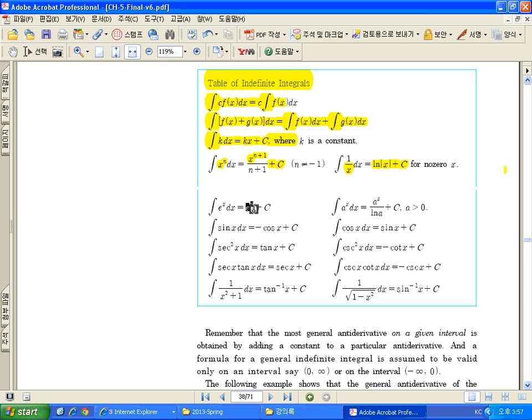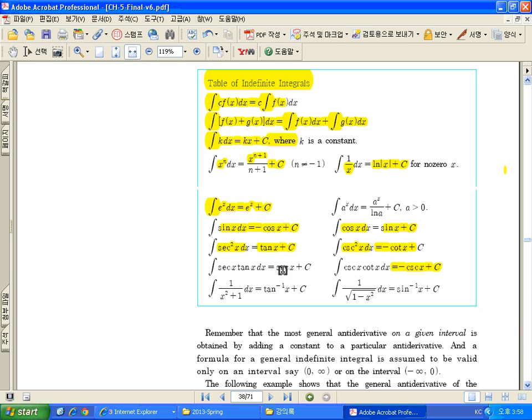And the derivative of e to the x is itself, so the indefinite integral of e to the x is e to the x plus a constant. The derivative of this is cosine, the derivative of this is sine. The derivative of minus cotangent is cosecant squared, and the derivative of tangent is secant squared.